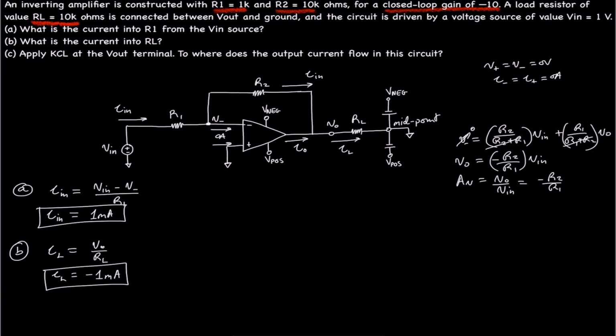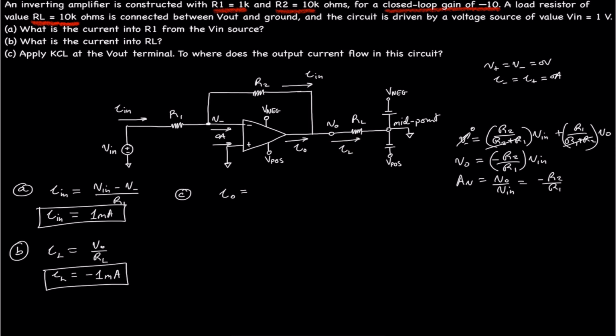So for C, apply KCL. We have In coming into that junction, and we have IL going out.